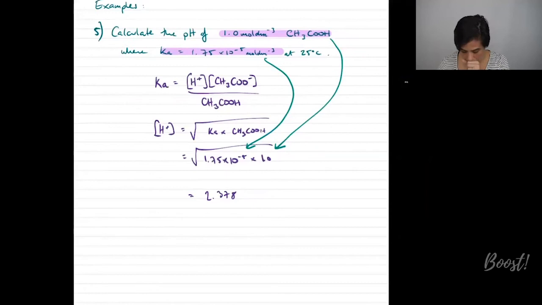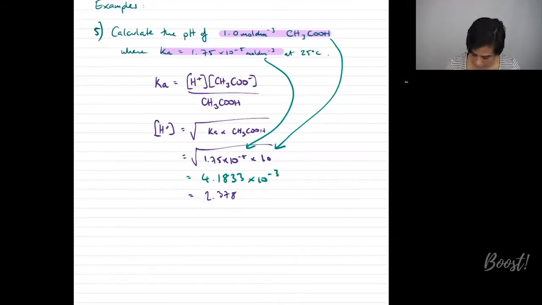Okay, let me just double check. I think this 2.378 is actually the pH. I'll just double check this calculation. So square root of 1.75 times 10 to the minus 5 times 1.0 equals, right, yeah, so that actually equaled 4.1833 times 10 to the minus 3.